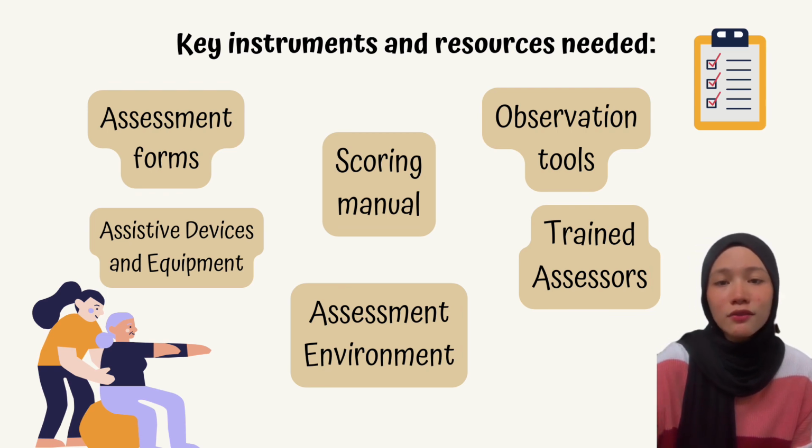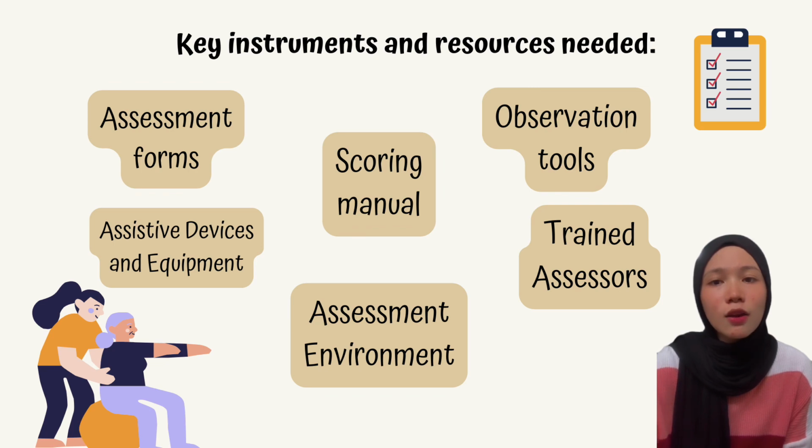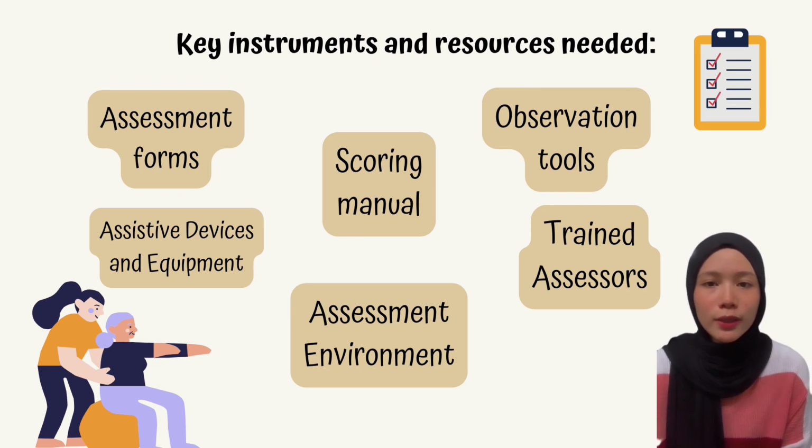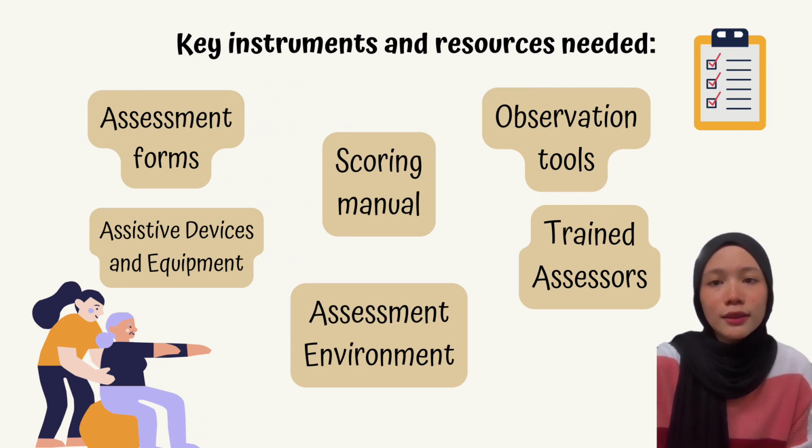Fifthly is the assessment environment: clinic or therapy rooms equipped with the necessary tools and space for comprehensive assessment. Sixth is the trained assessor: healthcare professionals such as physical therapists, occupational therapists, nurses, or doctors trained in using the Functional Independence Measure.